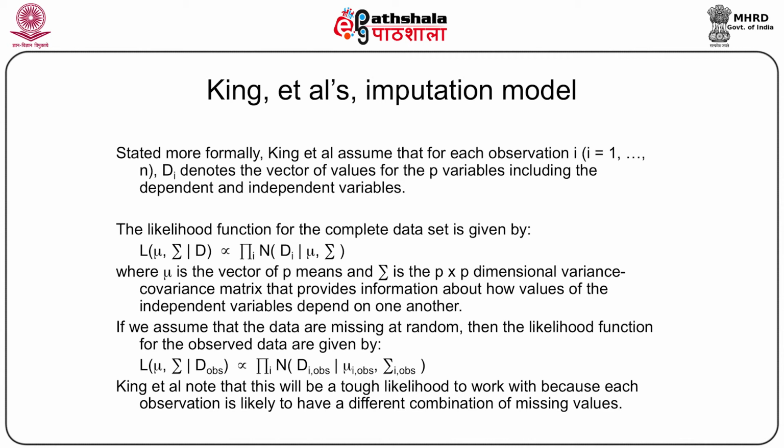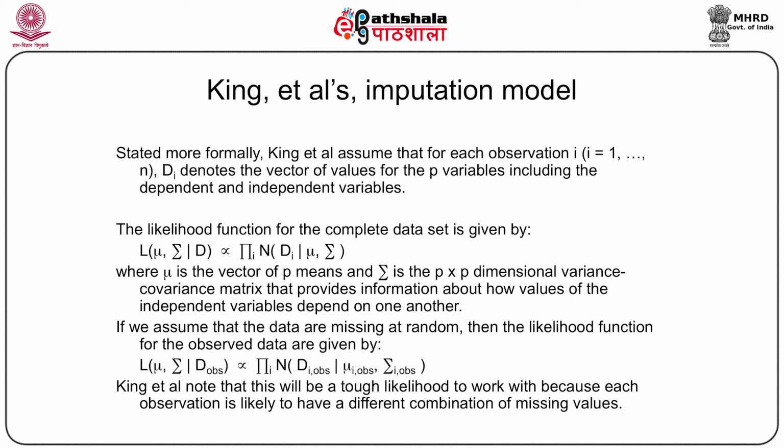Say L of mu, sigma will be the likelihood function, where mu is the vector of p means and sigma is a p by p variance covariance matrix that provides information about how values of the variables depend on one another.